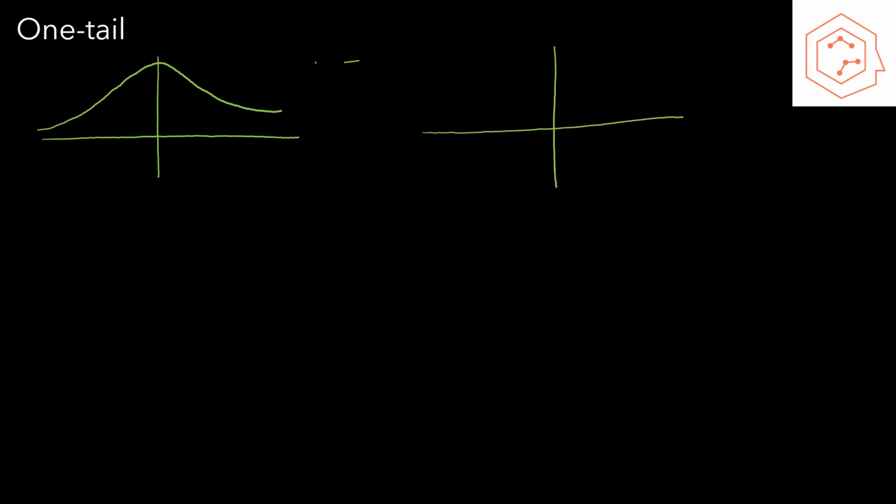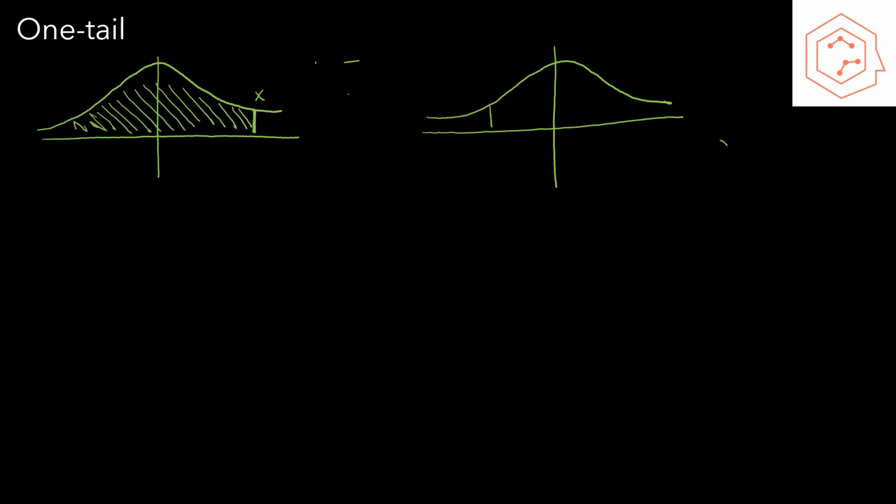So in some cases, we might only be interested in whether a value is below a certain point or above a certain point. So if we have our two distributions, in one case we might only care that our value is below some x and how likely or how confident would we be that it's below some x value.